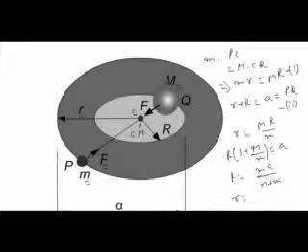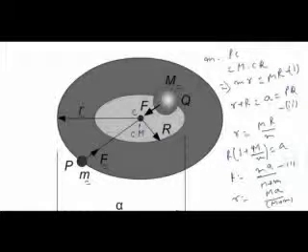Similarly, we can get small r is equal to Ma by M plus m. Now let's say this is equation 3 and this is equation 4.